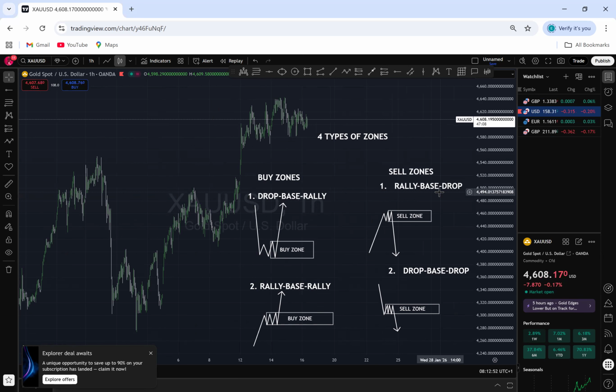Now, for you to be looking out for sells, it simply means you want to look out for a downtrend. Now, here is the difference between this and this. This would come in as continuation, and this will come in as reversal. This will come in as reversal. This will come in as continuation.